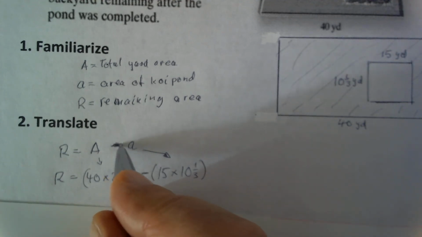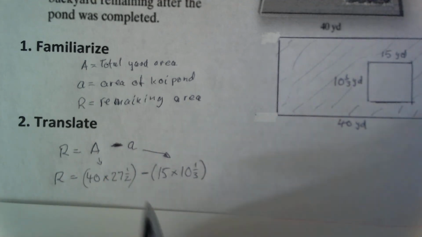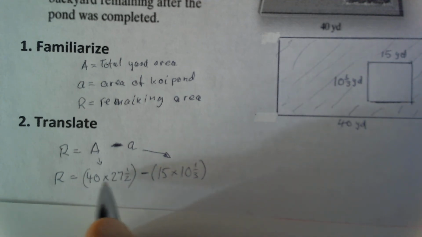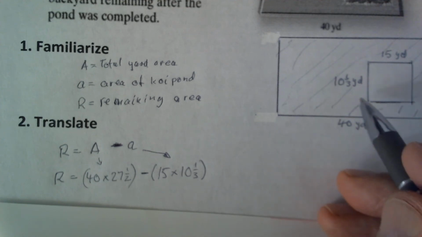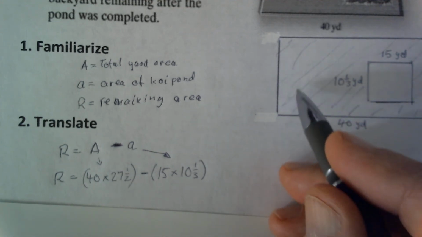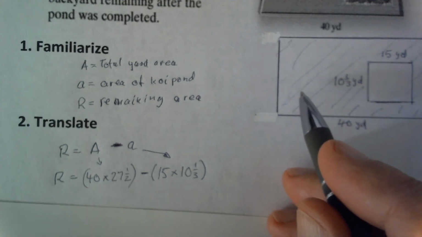There's a minus sign here. So that's a large area, that's a small area. We subtract one from the other, and that gives us the shaded area, the remaining area after the pond has been completed.